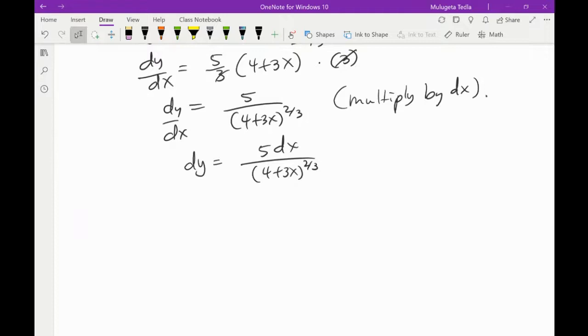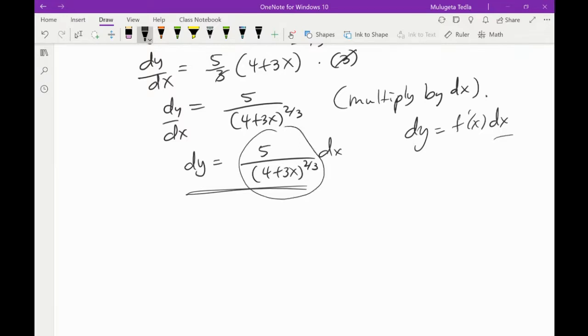So dy is that as a segment. We used to say dy by dx, no problem, it's the same, but they want just dy now. dy is f prime of x times dx. So here is dx, you can put it right there if you want. This part is a derivative, this is a dx.